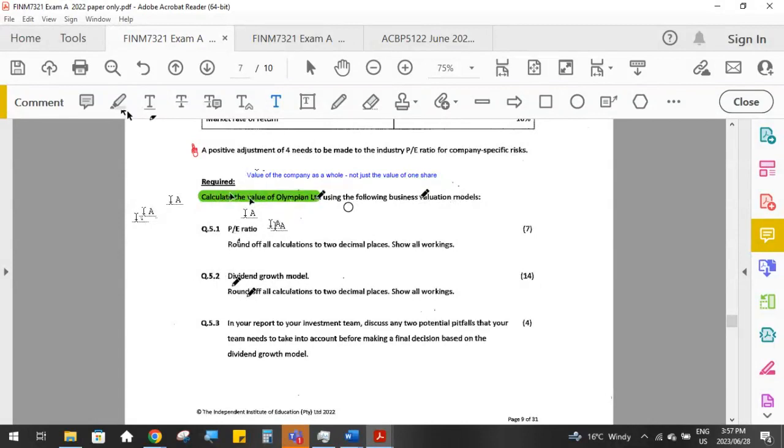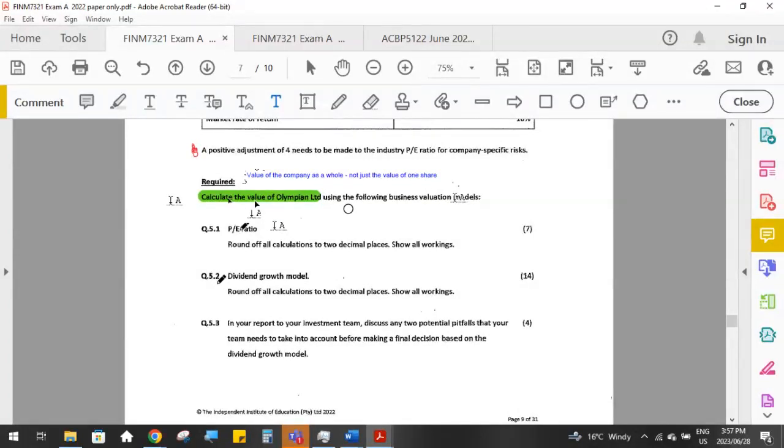So in other words, if you were an investor considering purchasing this company, you would want to know what total amount you need to be able to offer the owners of the company, the shareholders as a whole, so that you knew what the company as a whole was worth as a valuation.